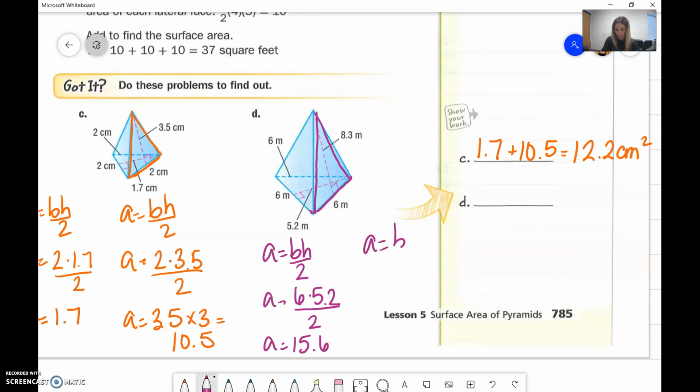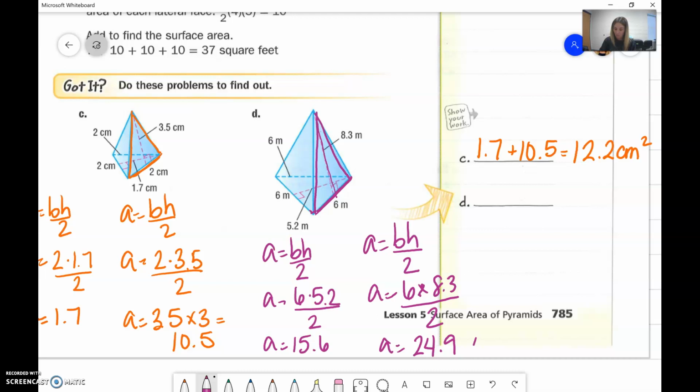So area equals base times height divided by 2. Area equals base is 6. My height right here, times 8.3 divided by 2, which is going to give us 6 times 8.3 divided by 2 gives us 24.9.